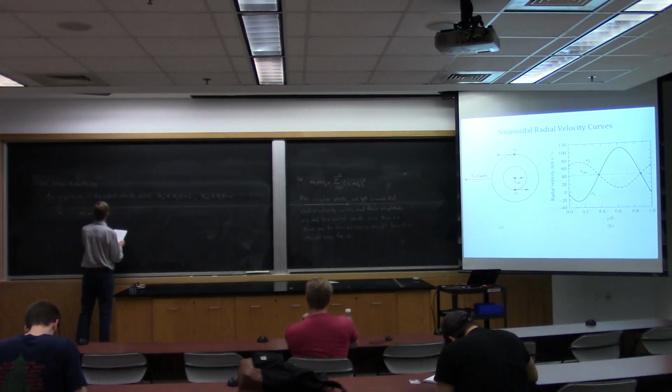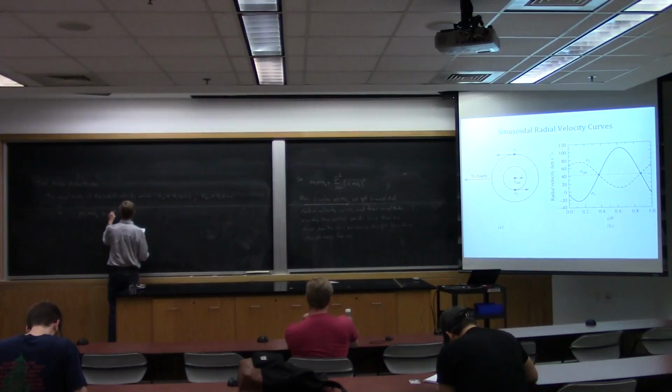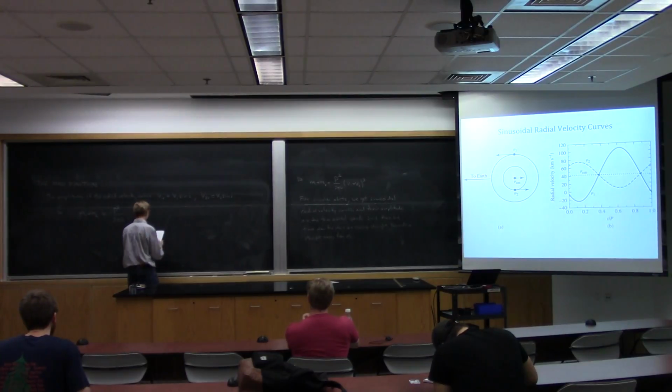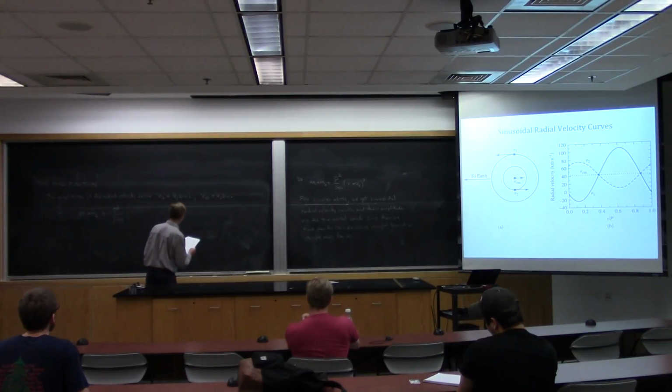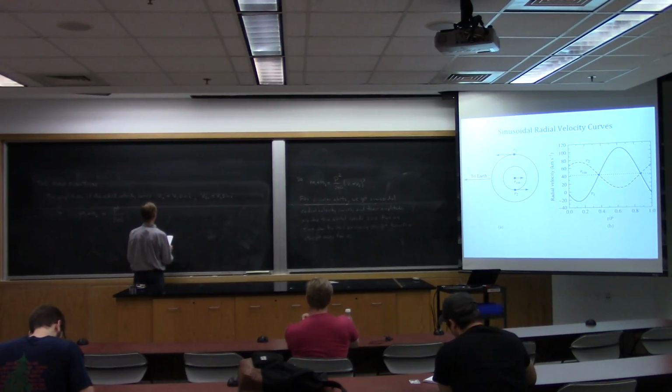So our m1 plus m2 is really P squared over 2 pi G times, let's see, where is this from here?